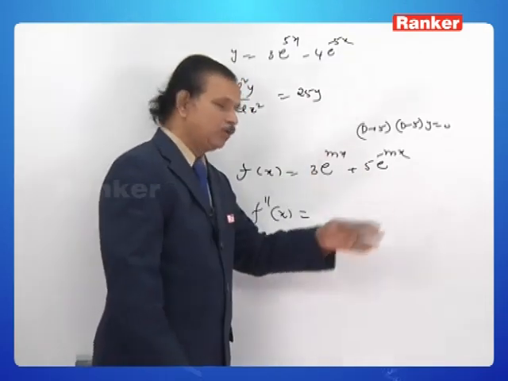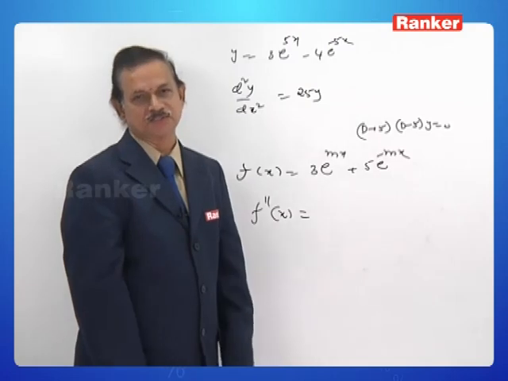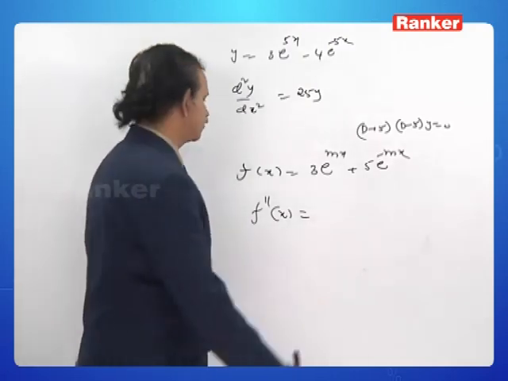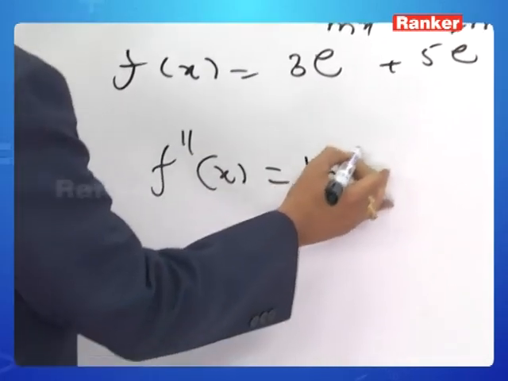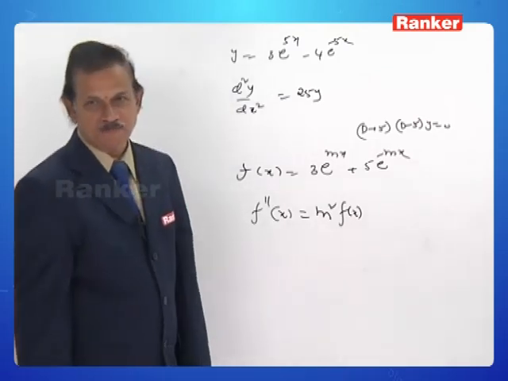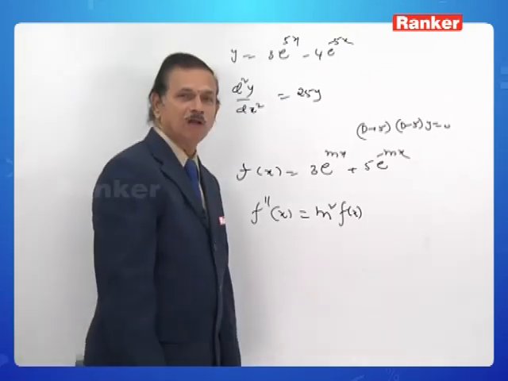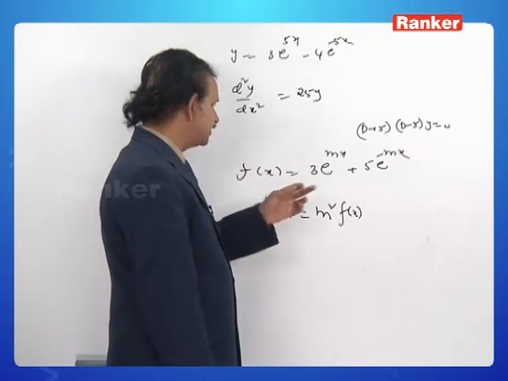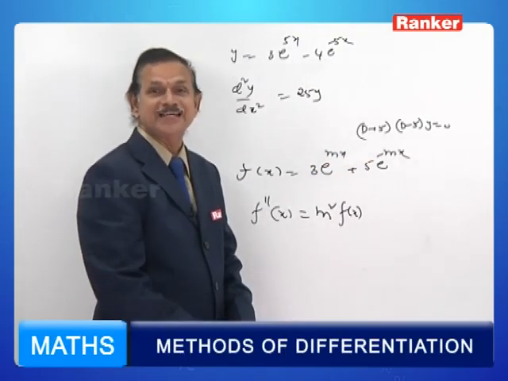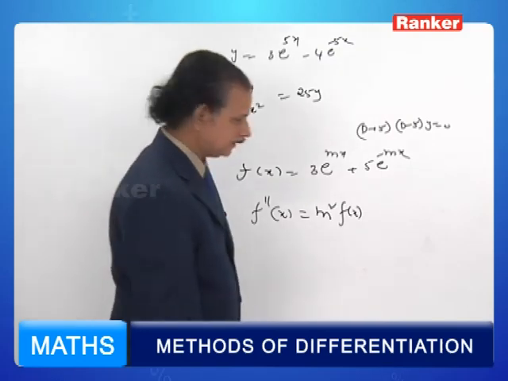(D plus m)(D minus m) of f of x is 0. D square minus m square. That is m square into f of x. We have seen almost all in these examples, this alpha and beta are distinct. What happens when they coincide? Let us see.